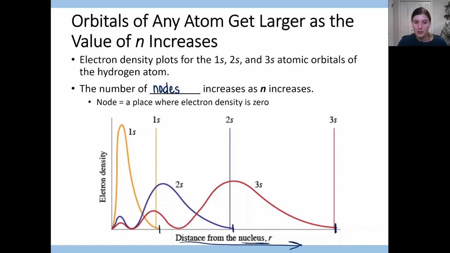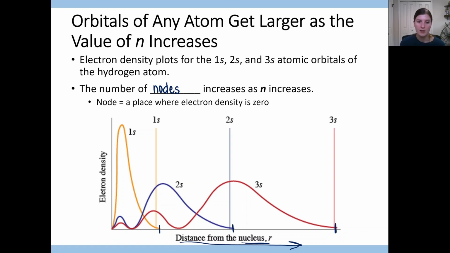In the 1s shell, there are no nodes. The only place where electron density is 0 is right here, where the distance from the nucleus is 0, so this is where the nucleus would exist. And no electrons are there, because that nucleus is just protons and neutrons.